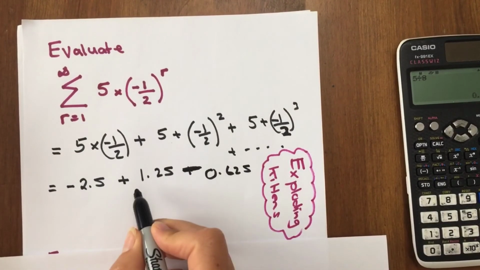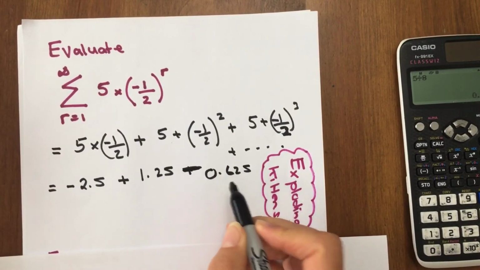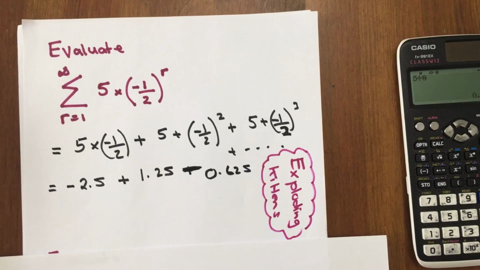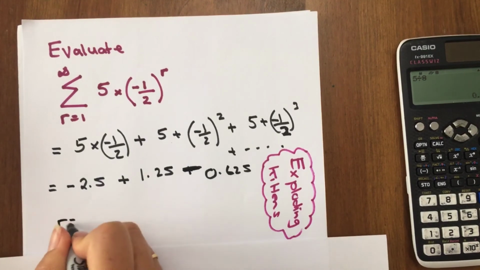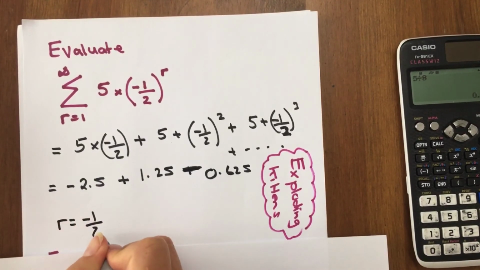So what's happening each time? I'm dividing by negative a half. You can probably see that from the formula. So my r is negative a half.